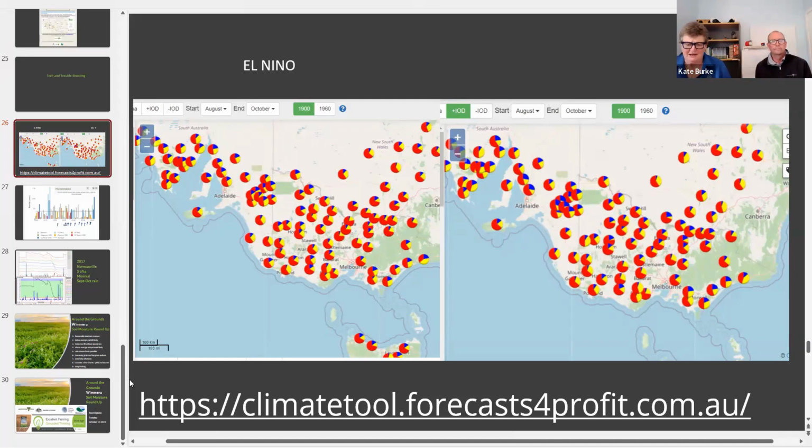So those little red Pac-Man type figures in the pie charts, they're the bottom 30% of rainfall, and that's the likelihood of that happening. And so in a lot of places, there's more than 50% chance, based on using previous years as a guide, of having rainfall in the lower third between August and October.